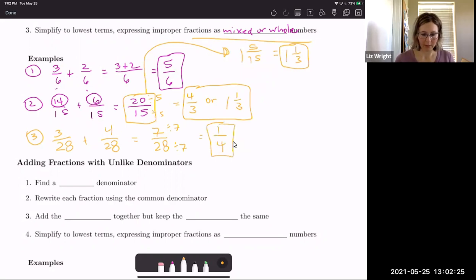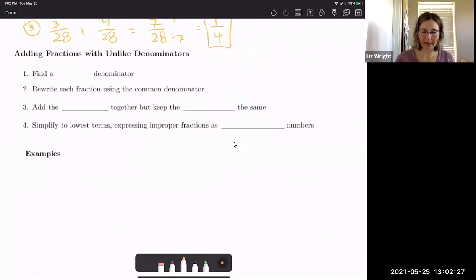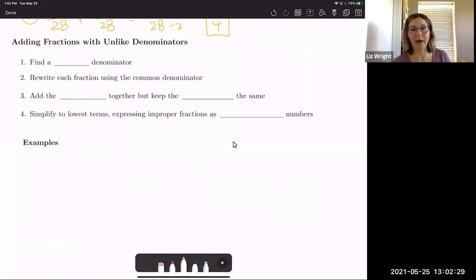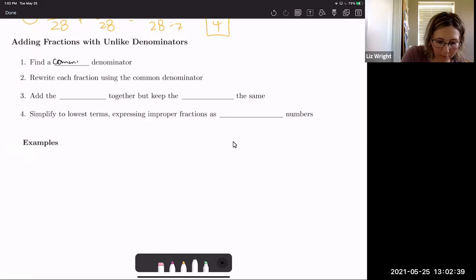All right. So let's look at the next type where we are adding fractions with unlike denominators or denominators that are not the same. So our first step is to find a common denominator. Then we're going to rewrite each fraction using that common denominator.